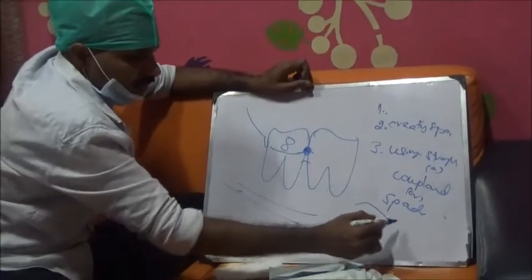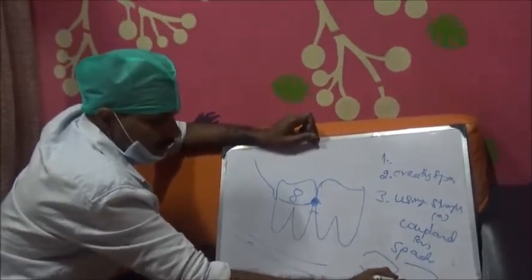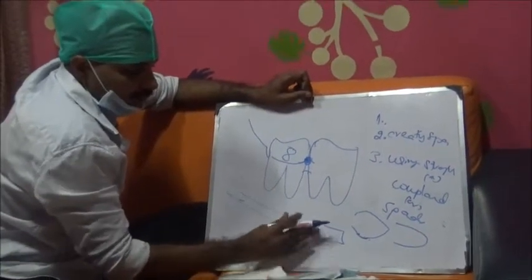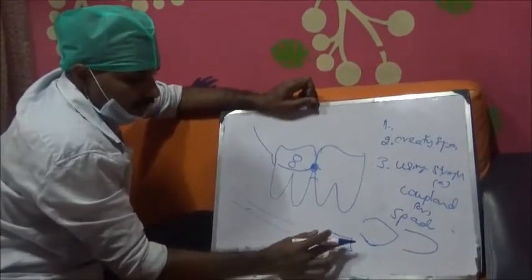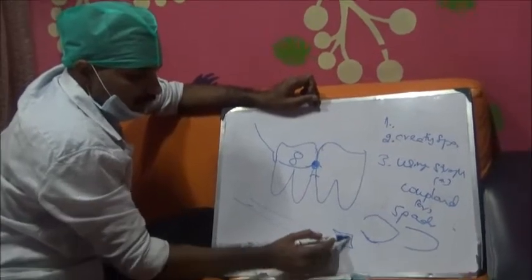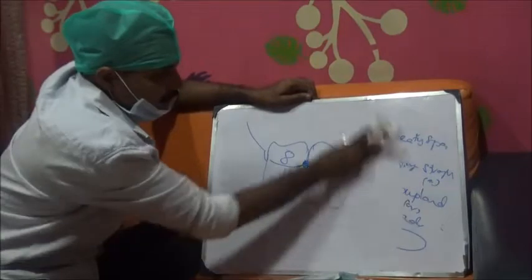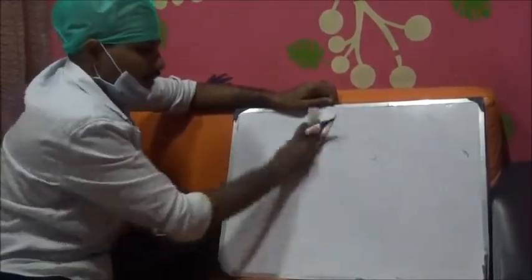Straight elevator will be like this. Copeland elevator will be like this, with a depression. So we will discuss how to use the elevators for 8.